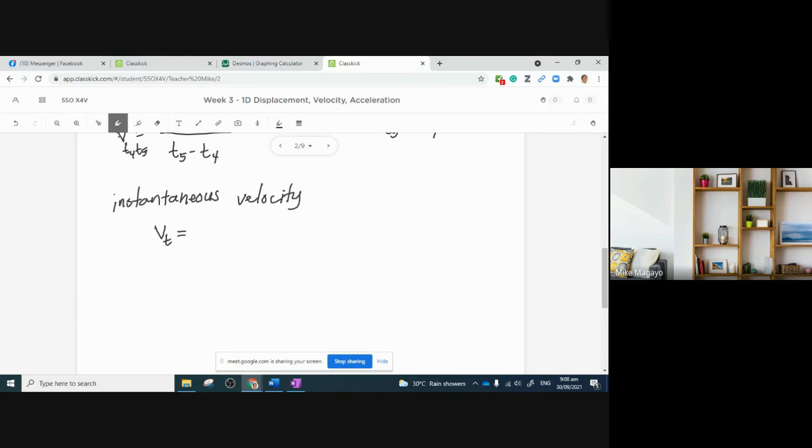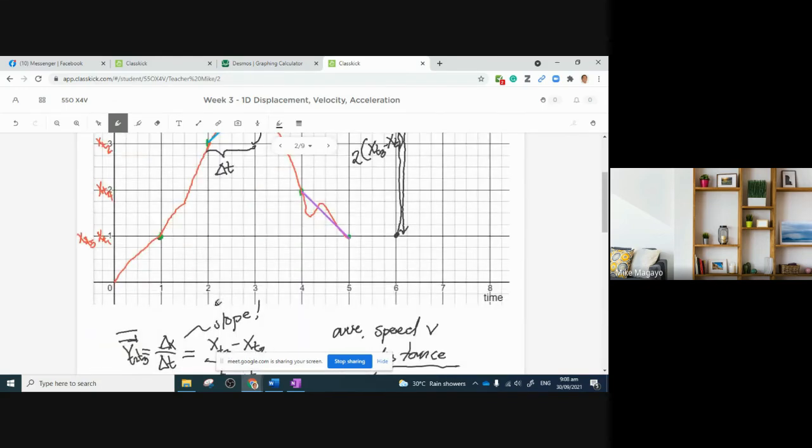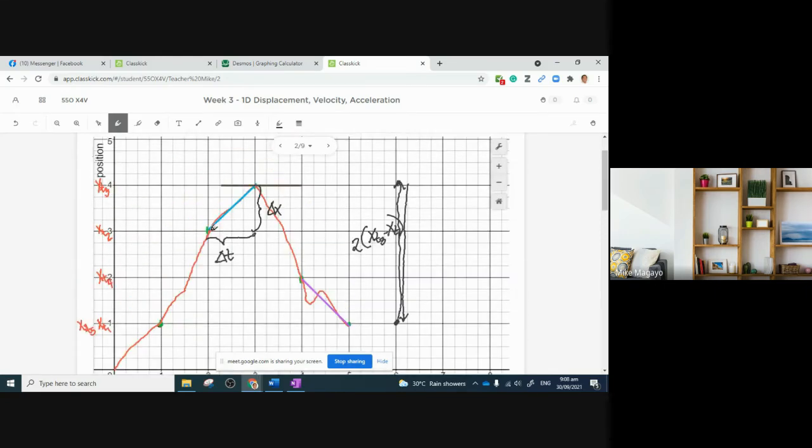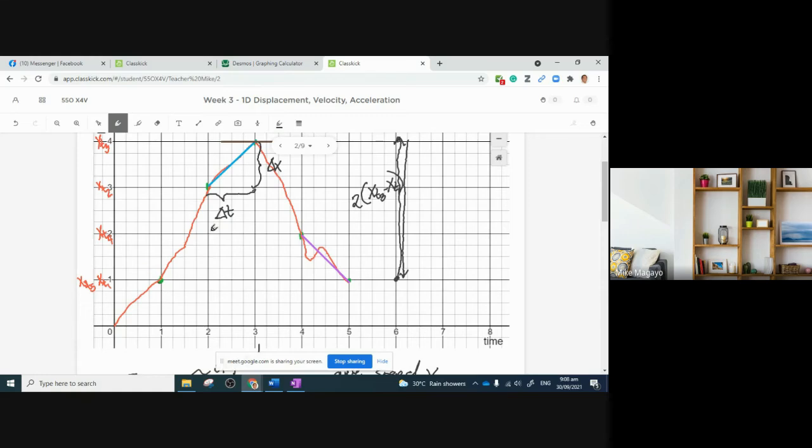How about at exactly t2? What is its velocity at t2? Again, we could just simply plot a line that is passing through t2, because once we have a line, then we could calculate the slope. This is our line at t2. Okay, it's passing t2 once. And the slope of that line indicates the velocity.